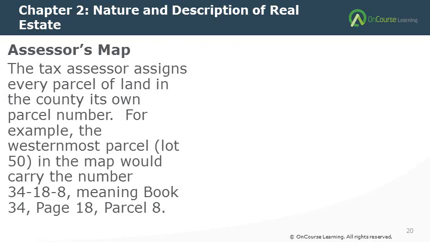And every tax assessor in a county or a parish assigns each parcel of land in their county or parish its own parcel number. That number is only useful to the assessor. So these last 2 methods, reference to the assessor's map and informal, like a street address, are not legal descriptions. They will not hold up in court. They do not convey the uniqueness of each parcel.